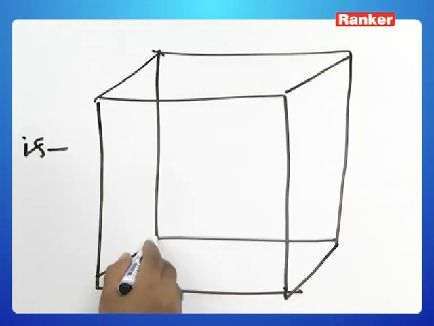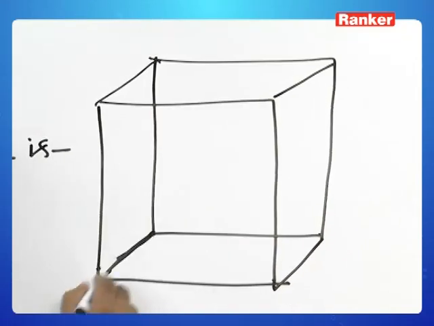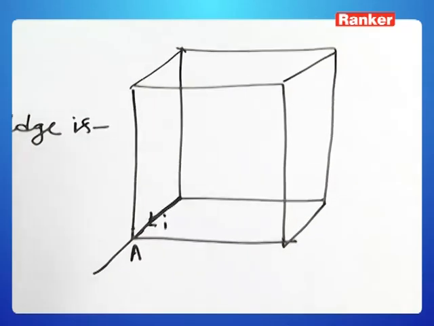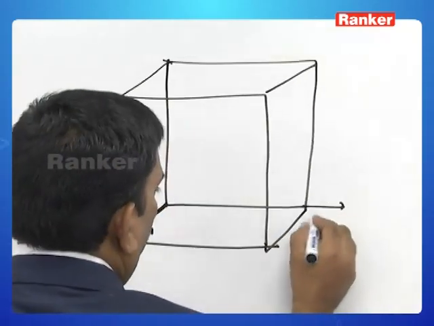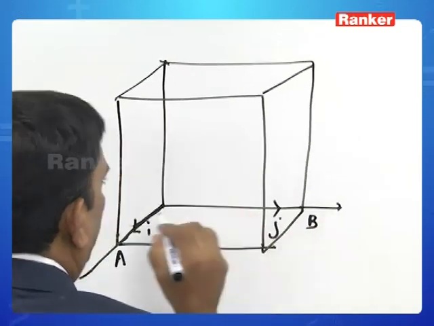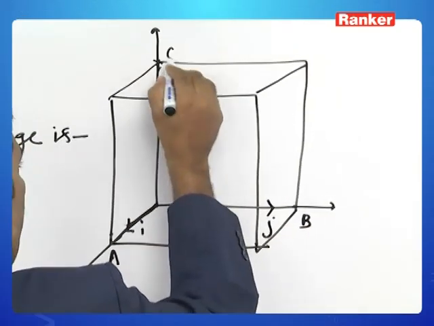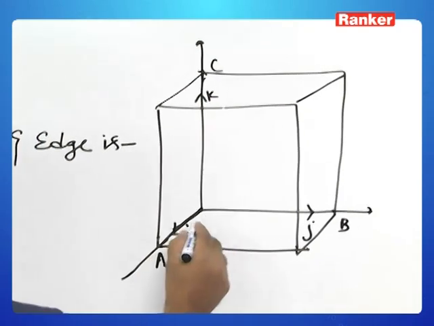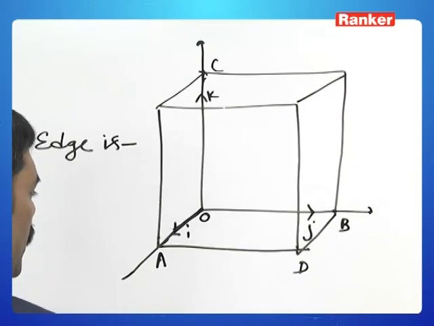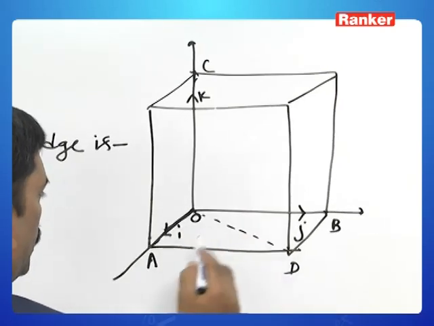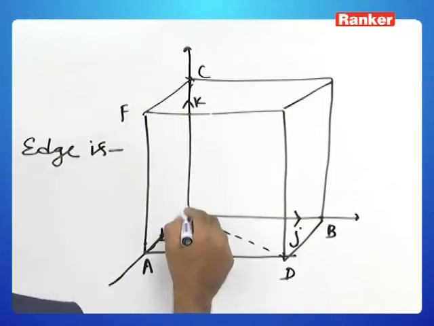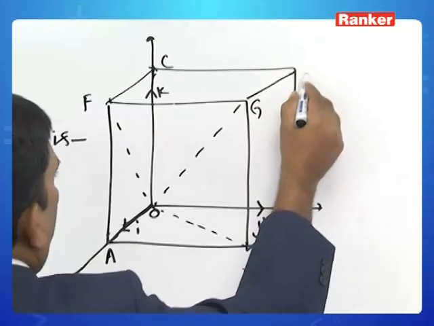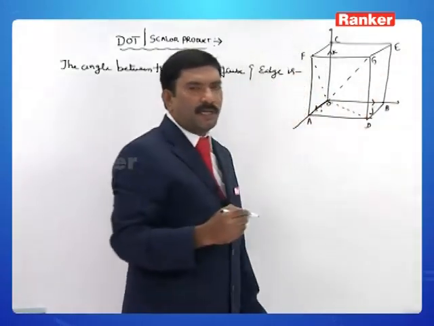Right. So if I take this one as OA, this is represented with I, this is OB, represented with J, this is OC, with K. If I take this as O, this is D, OD is a diagonal of this face, and OF is a diagonal of this face. OZ is a diagonal of the cube, and this is A. AE is also a diagonal of the cube.